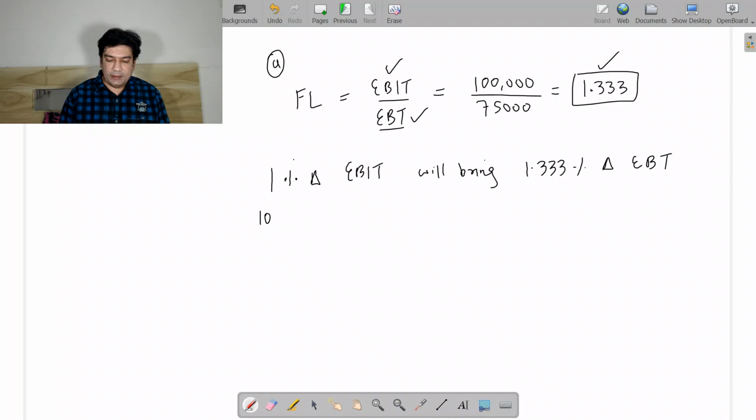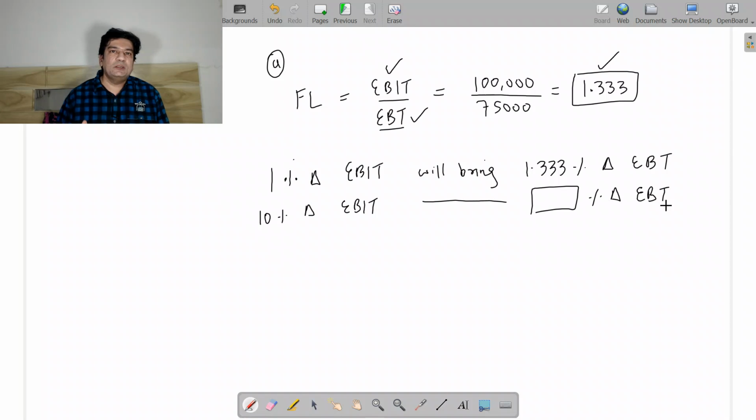So there is 10% change in your EBIT. So how much percentage change will be there in your EBT? It is but obvious, if your EBIT is rising by 10%, your EBT is also going to rise. So we are going to cross multiply, 10 multiply by 1.333.